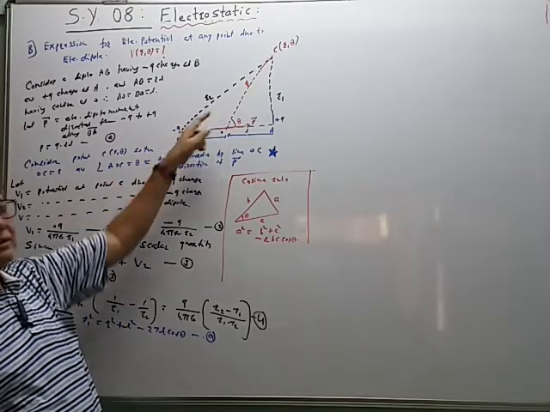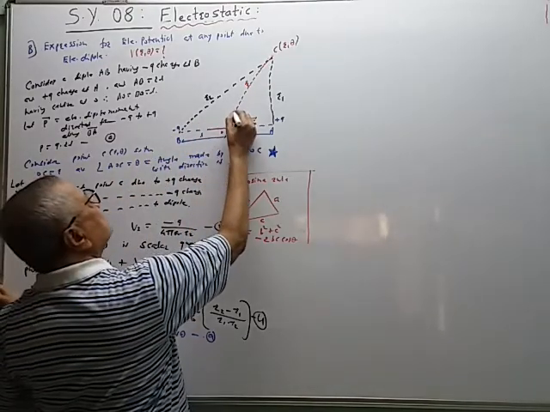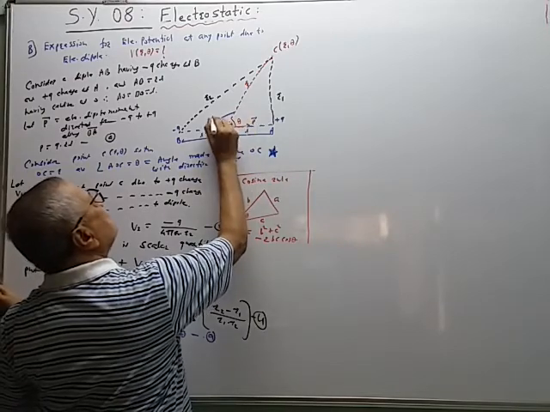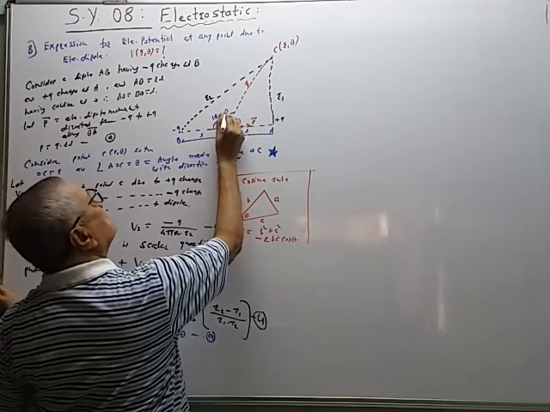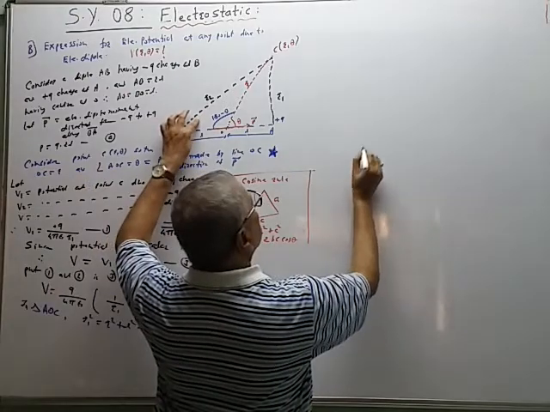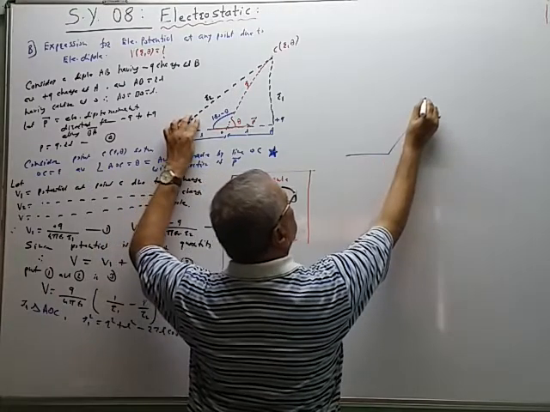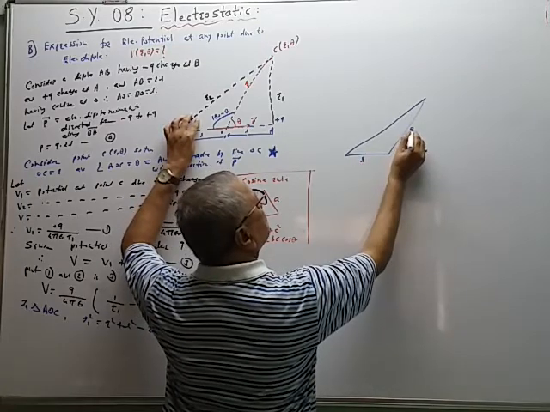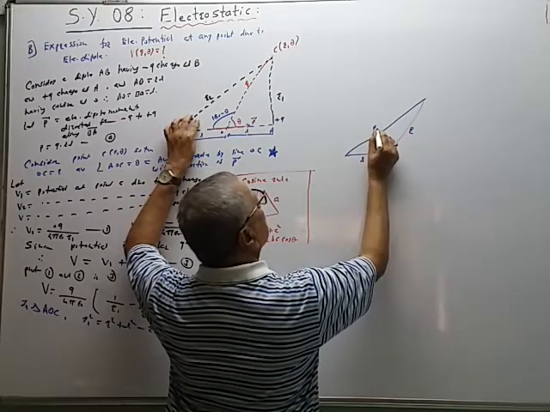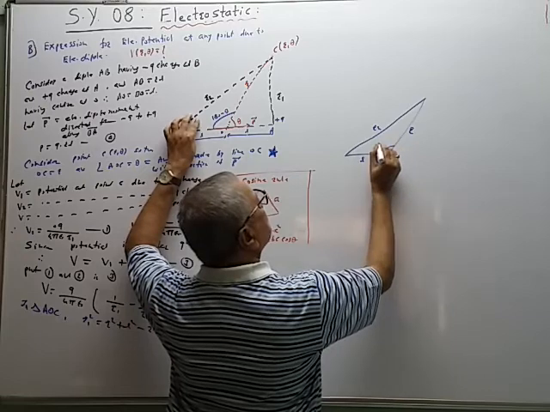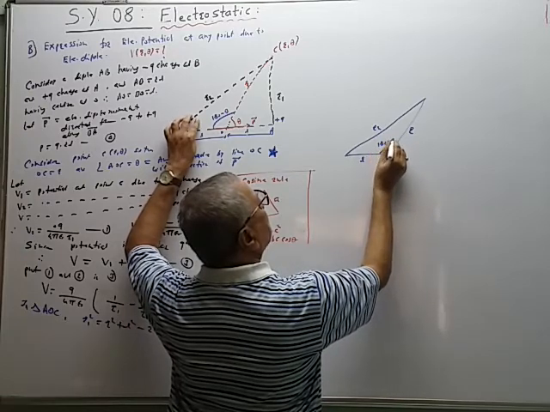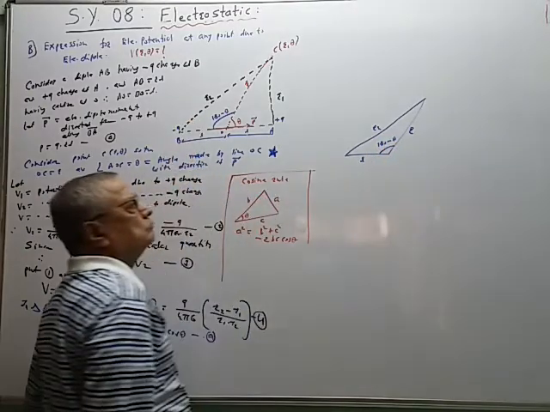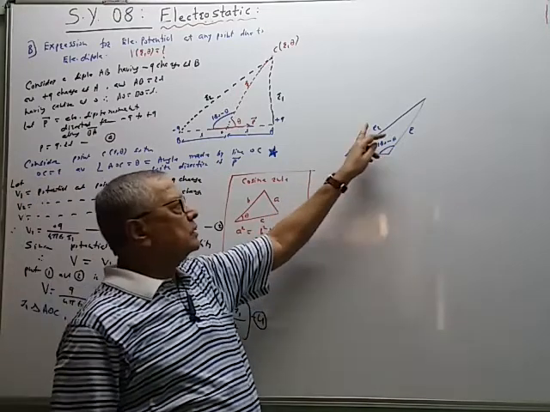Now consider this triangle. In this triangle, this angle is 180 minus theta. I will show this triangle separately. This is L, this is R, this is R2, and this is the angle 180 minus theta, and the opposite side is R2.